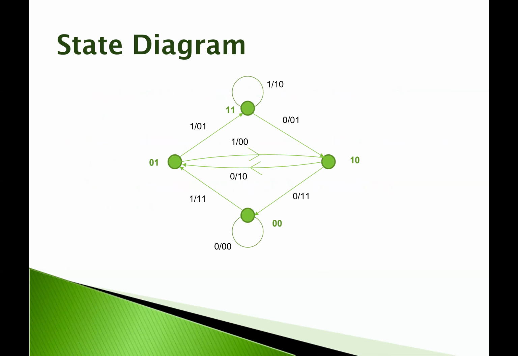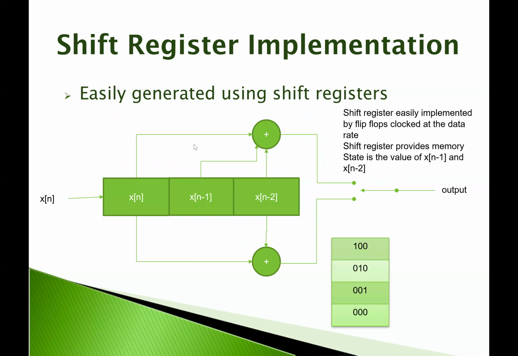All right, so now we can look at this in terms of a state diagram. Here these states reflect these memory locations, right? So that's the state of the system as we get a new input.